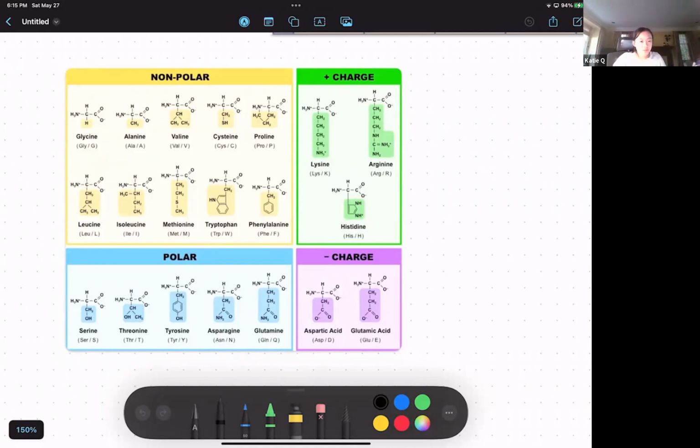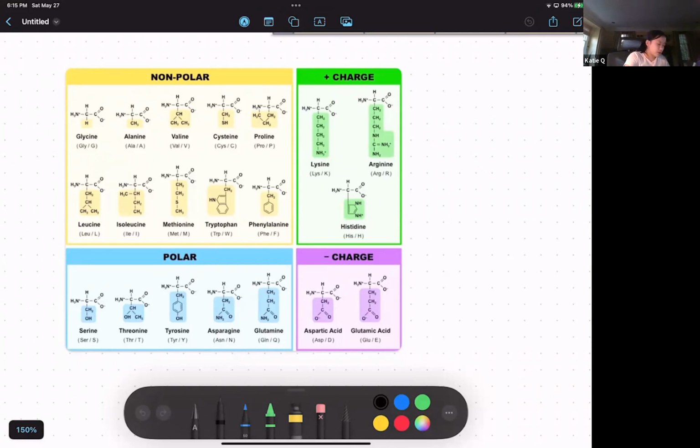So transcription, it involves DNA and RNA, and if you can recall that DNA looks kind of like this. There's the base. So this is the phosphate group, the sugar, and then the nitrogenous base.